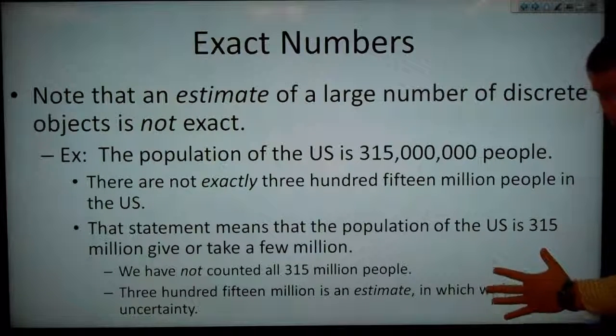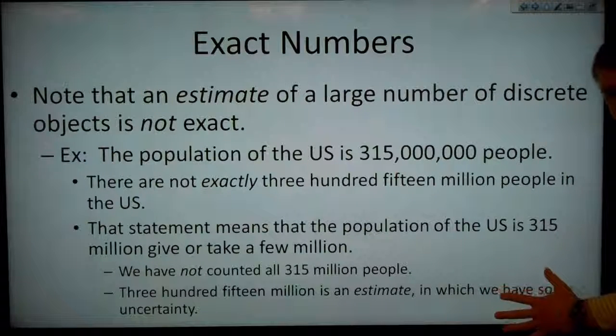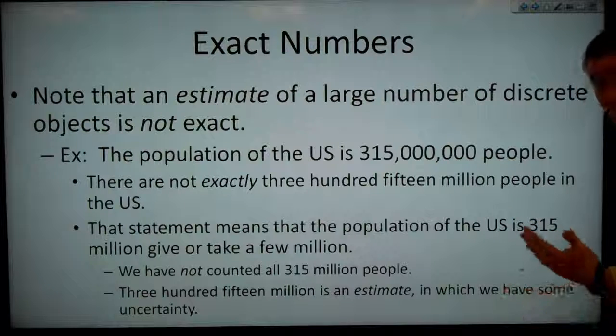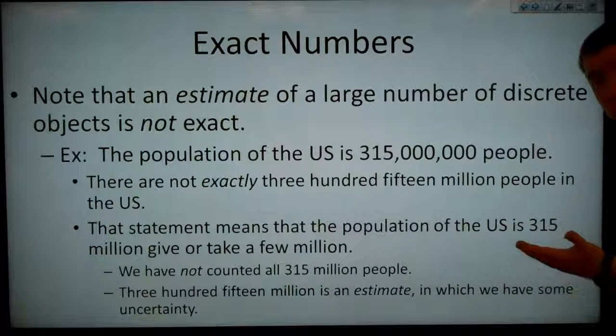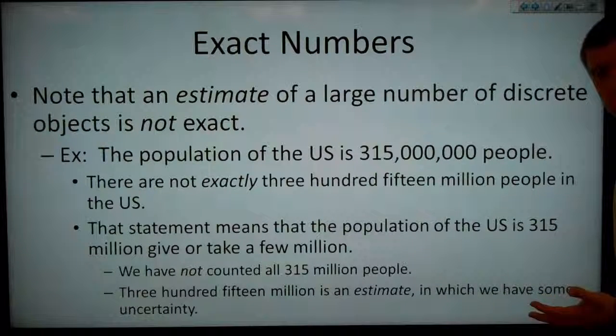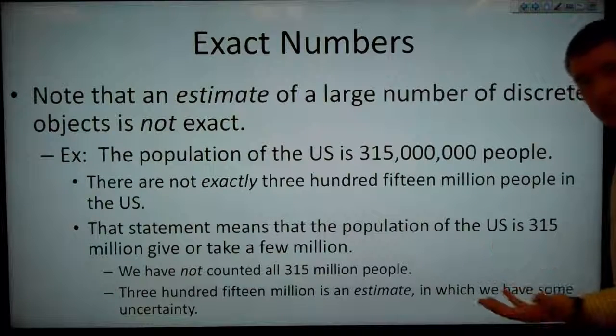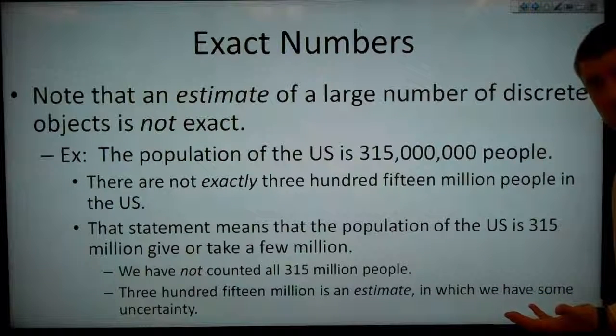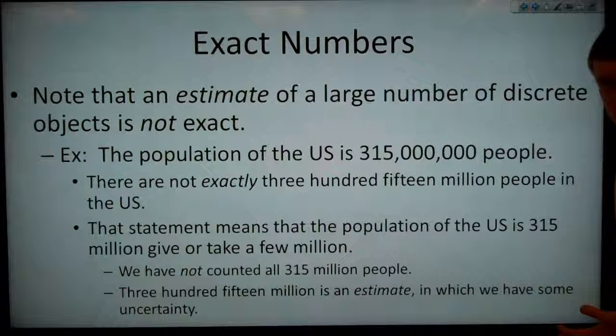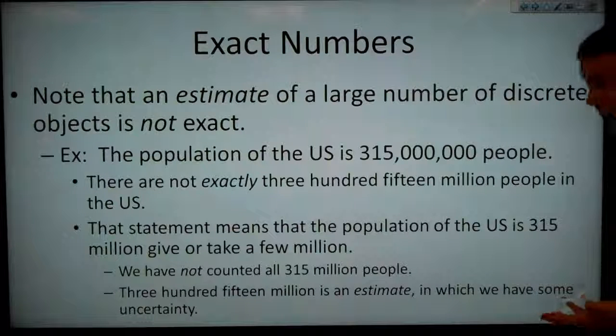We haven't actually counted all 315 million people. It's theoretically possible for us to do this, but we have to keep really, really good track of every time a new child was born and every time somebody dies. Theoretically, if we did that, we could have an exact count of how many people are currently alive in the US, but it's just impractical, so we estimate it instead.